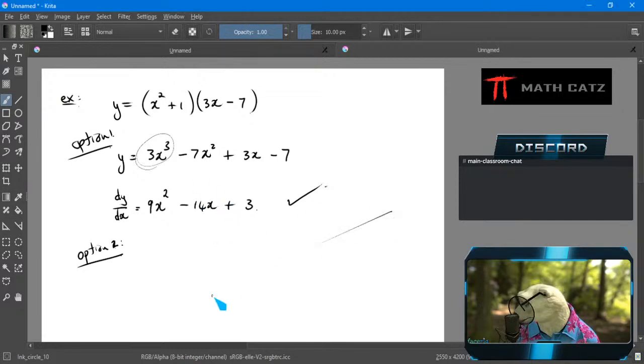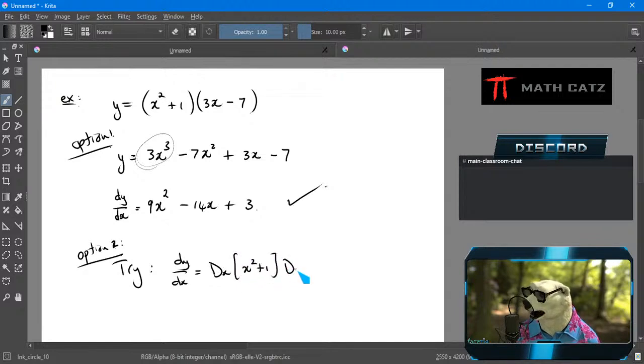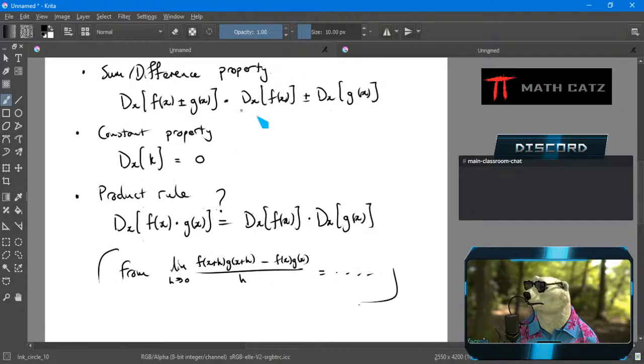Let's see what I get if we try to find the derivative by looking at the derivative of the first bracket times the derivative of the second bracket, right? Certainly, if I look at the sum difference property, it's as easy and straightforward as I could have hoped. It would be super nice if this product rule is also as straightforward and simple as I would hope it to be.